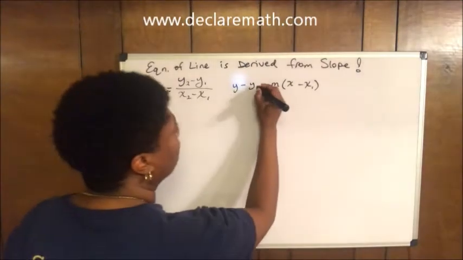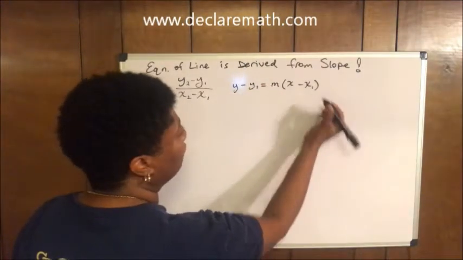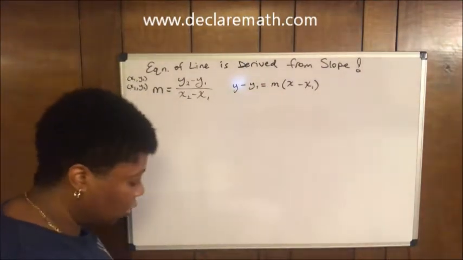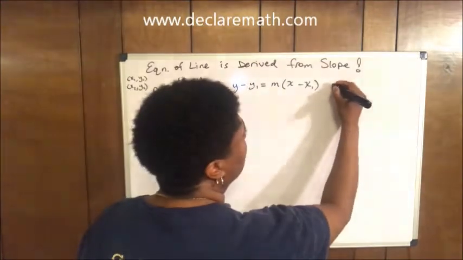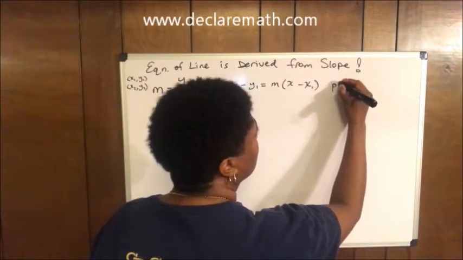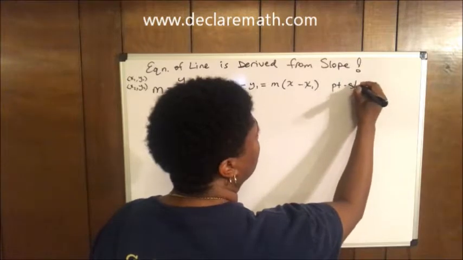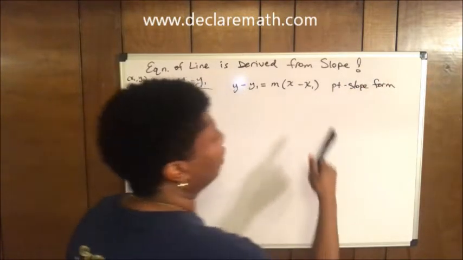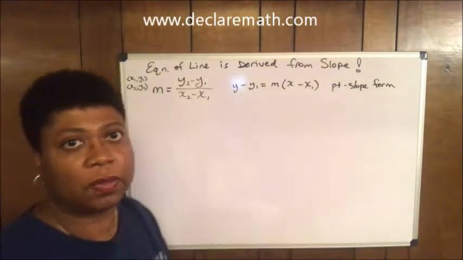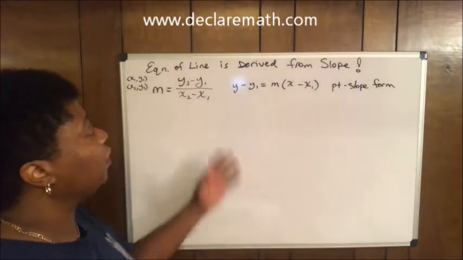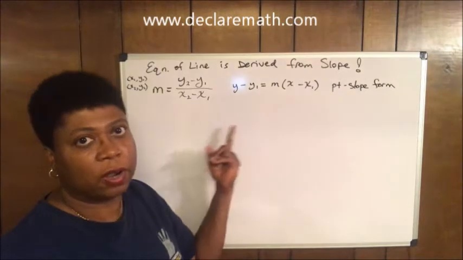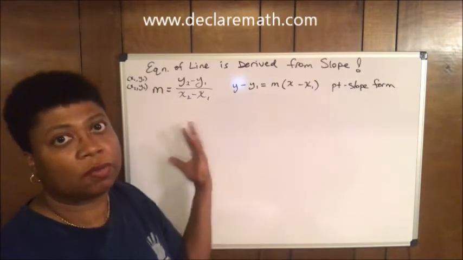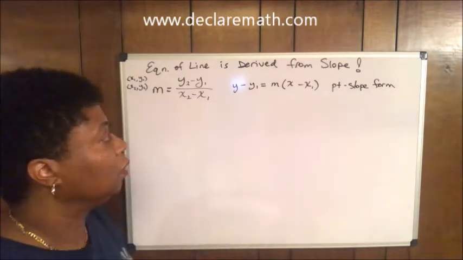Sometimes they call this 0 here, same thing. This is known as the point-slope form. That's the point-slope form. That's how they derive that equation, or where it comes from. It comes from the slope directly, okay? Not magic.